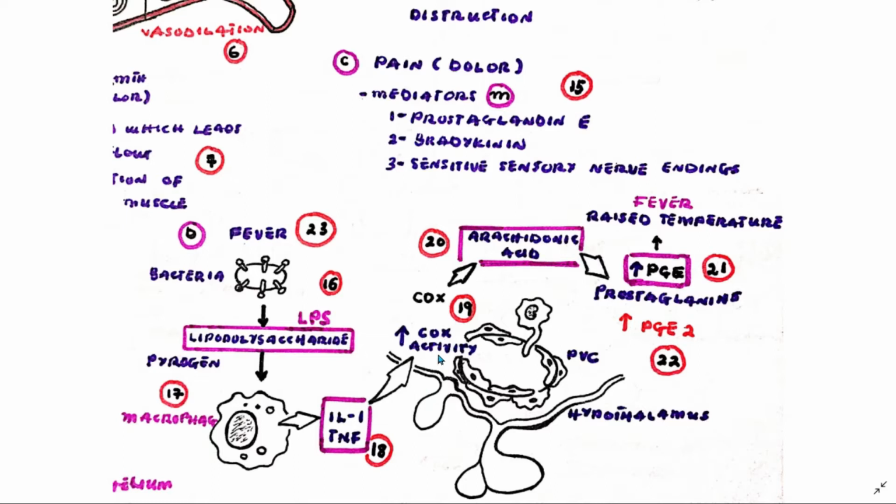Now, this increases cyclooxygenase activity in the perivascular cells of the hypothalamus. Cyclooxygenase acts on arachidonic acid in order to release prostaglandins. So the increase in prostaglandin E2 raises the core temperature set point, and that is what causes fever.